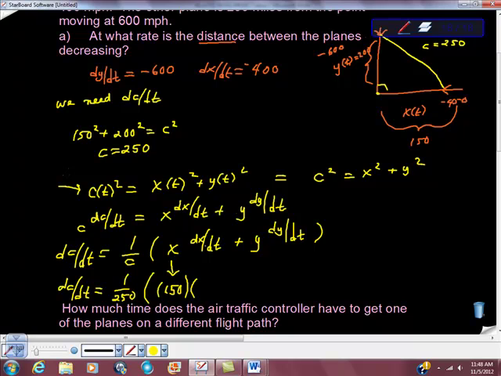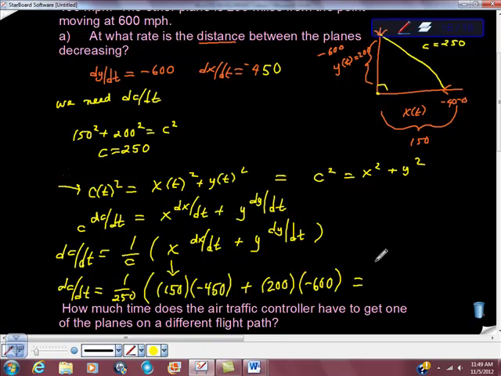x is 150, right? dx/dt, we got that early on, was negative 450. Sorry, I didn't read that correctly. Negative 450 plus, we know that y is equal to 200, and we know dy/dt is negative 600.